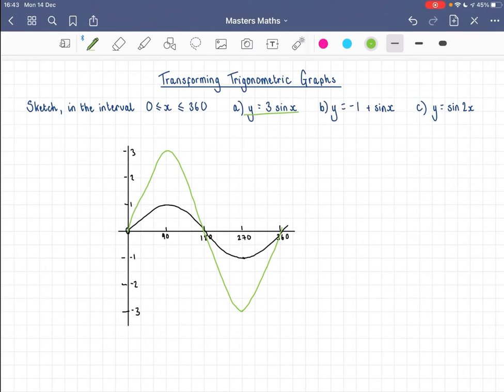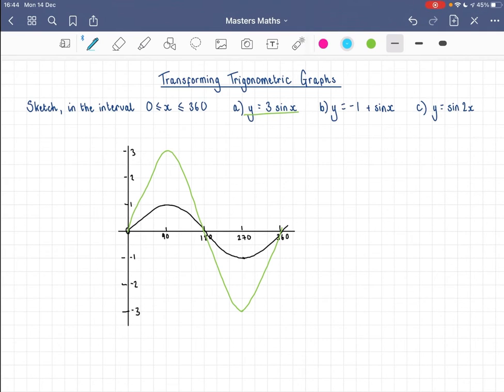Remember, we are translating the original line, so this black line. I'm going to use blue to do it. It is a translation, so it's just going to move the line down by 1 unit in the y direction. So again, instead of having limits between 1 and -1, it is now going to have limits between 0 and -2.